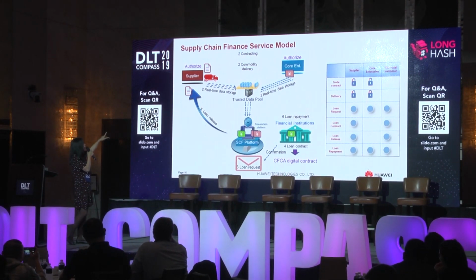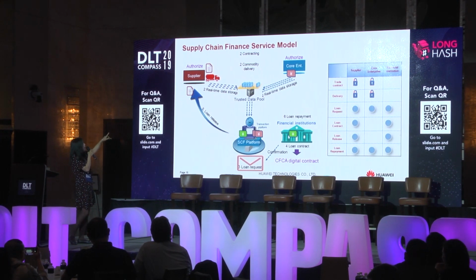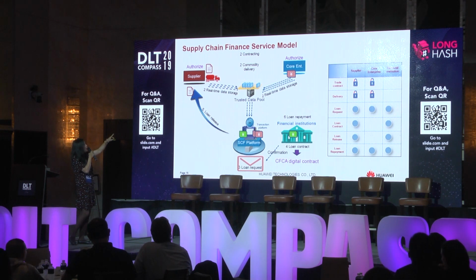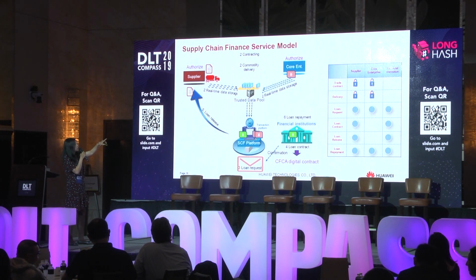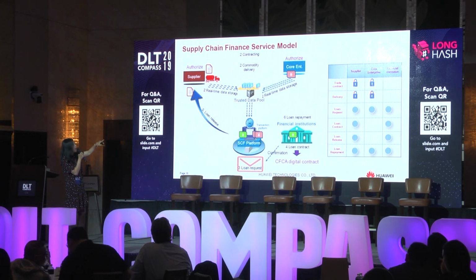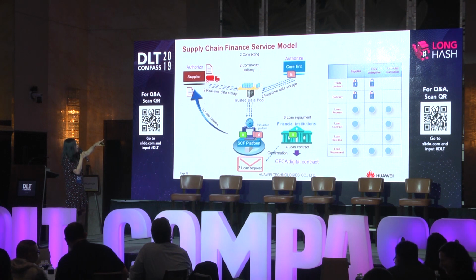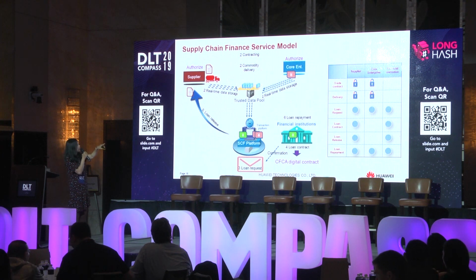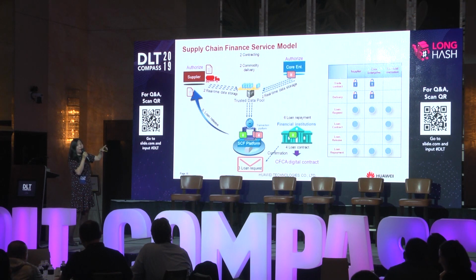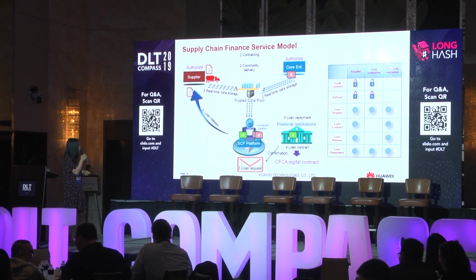If the supplier wants to sell some goods to the enterprise, the supplier and the core enterprise will put the trade contract to the blockchain. So the involved parties are the supplier and the core enterprise. And also the delivery information will be put into the blockchain. So this is step 1 and step 2.